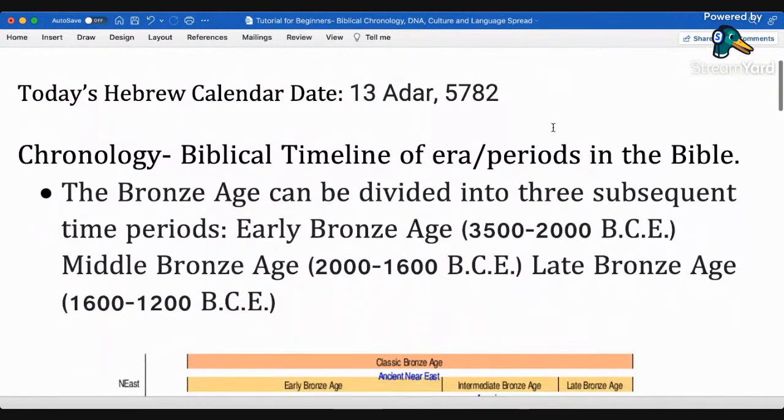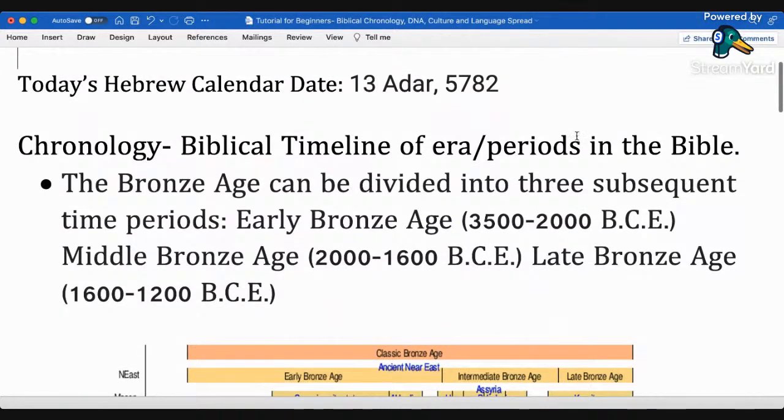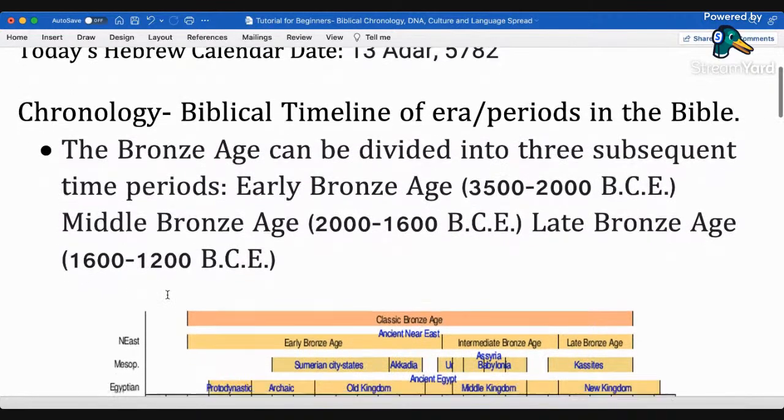Chronology, Biblical timeline of eras/periods in the Bible. Time periods: Early Bronze Age 3500 to 2000 BCE, Middle Bronze Age 2000 to 1600 BCE, Late Bronze Age 1600 to 1200 BCE.